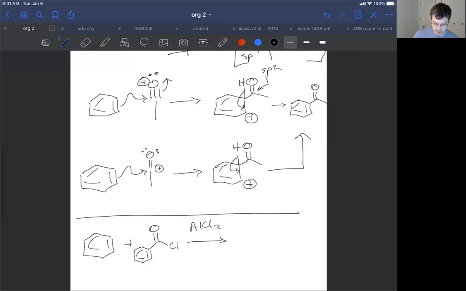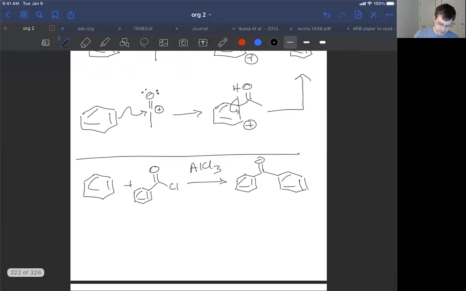In this case, the product is going to be our acylated benzene plus the R group that came along with the acyl group. In that case, it's just benzene. The mechanism is the exact same, so the mechanism uses a different acylium ion in this case, but it's otherwise the same. Go here, plus aluminum trichloride.